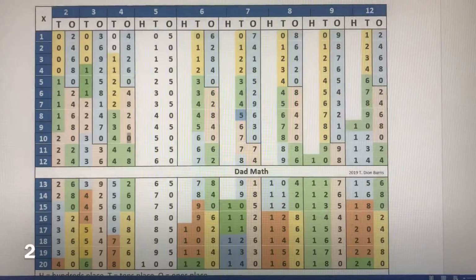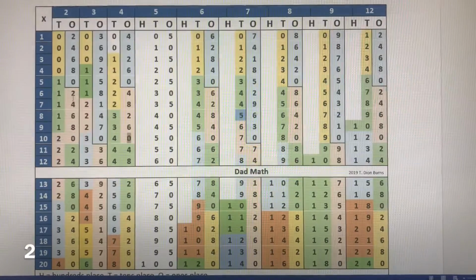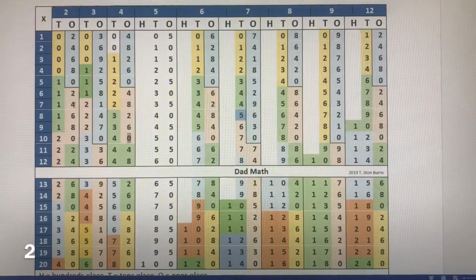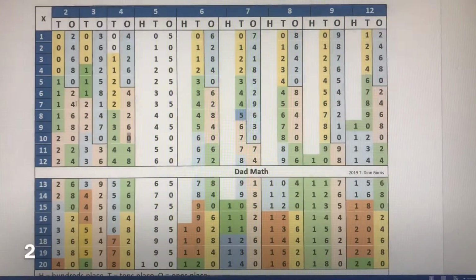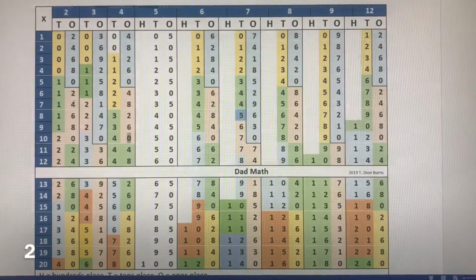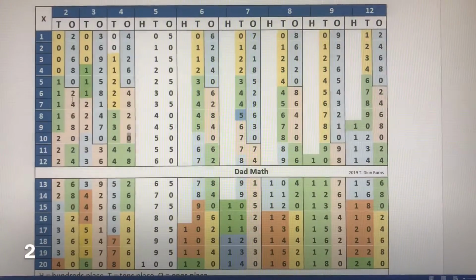Now, if I ask you what is 2 times 6, and you say it's 12. So we have a 1 and a 2. Now, if the pattern is 2, 4, 6, 8, 0, then the answer for 2 times 7 has to end in 4. And because it still goes up, you can keep the 1 because we're just going up by 2. So it's 2 times 7 is 14.